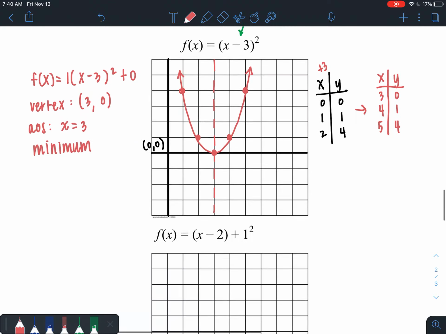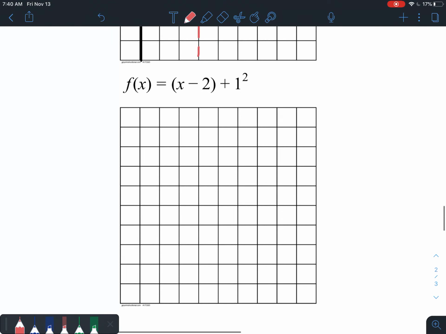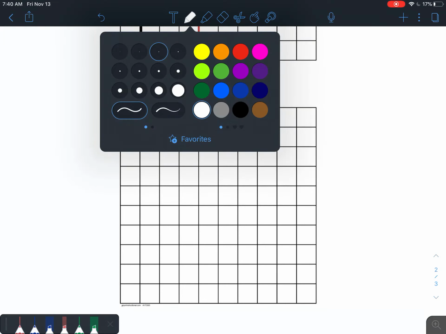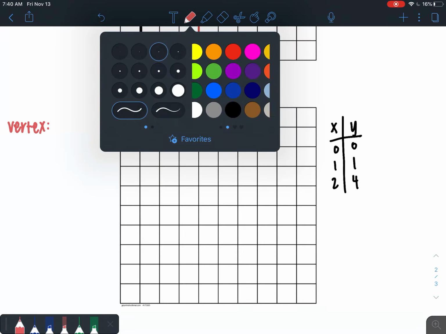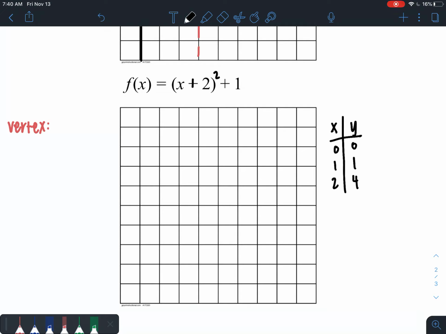Okay, let's look at this next one here. First of all, Miss B made a mistake, and this squared should have gone over this. So go ahead and make that correction. Okay, so my vertex is at HK. You know what? Let's actually change this to a plus. So I'm changing this problem to a plus right here.